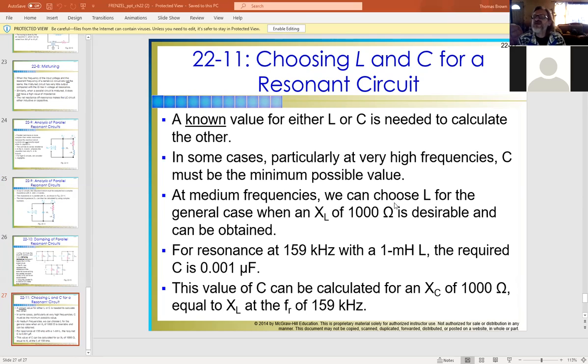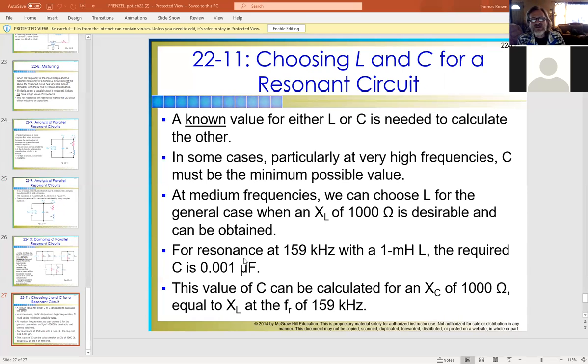And of course, the lower the frequency goes, the more room we have to play with. The higher the frequency, the more likely you're going to have distortion and whatnot. So choosing the proper components does become very important, right? At medium frequencies, we could choose the L for a general case and just say, well, this is close enough, if you will.